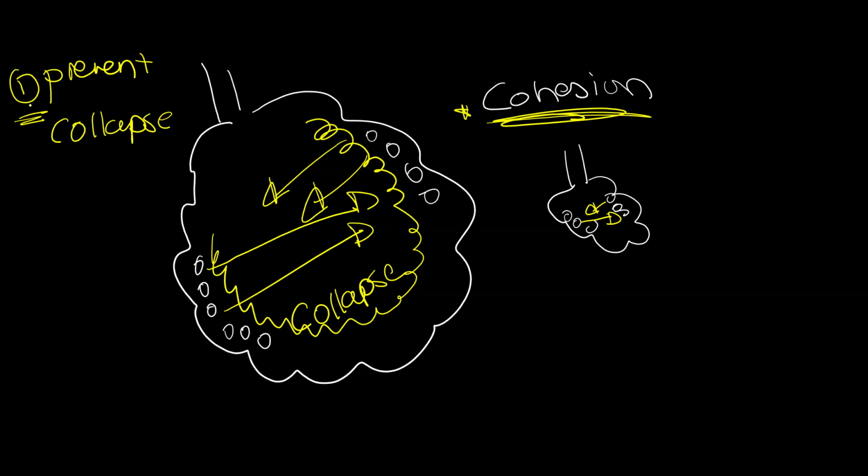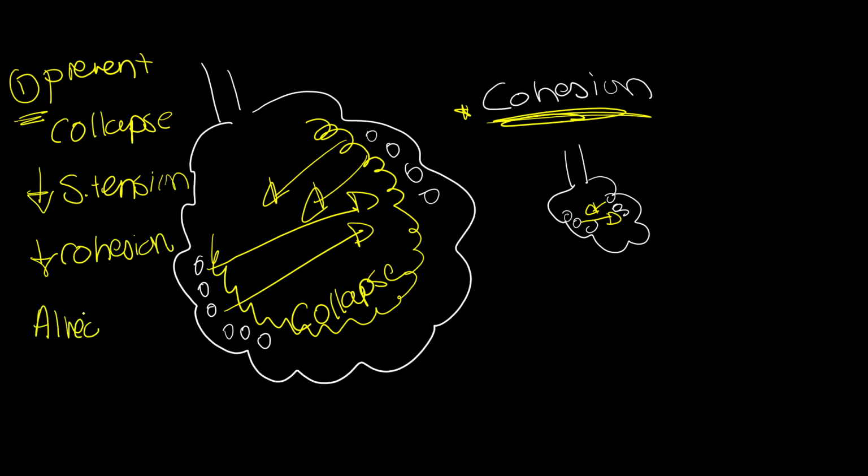Prevents collapse. But you don't just say that and go home. You have to explain. It reduces surface tension. It reduces cohesion between the water molecules. It prevents the alveoli, sometimes you can write it like that, it prevents the alveoli from sticking together. Okay.